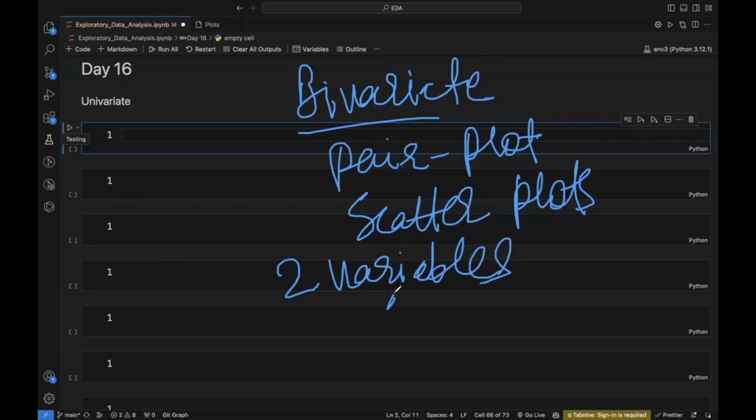Let's say I'm taking petal length and petal width. So in some of the plots, we saw petal length and petal width. In pair plots, we saw all such combinations. So when you are looking at two variables and doing analysis, it's called bivariate analysis.